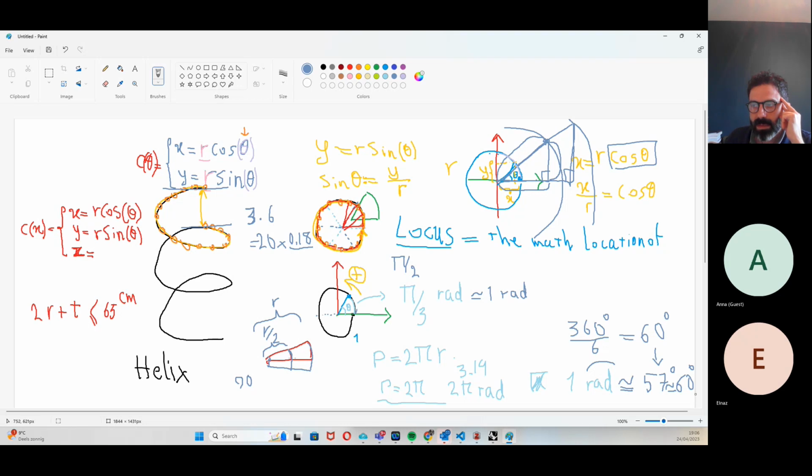So if this is 90 centimeters, then we will have a very smooth and acceptable range of angles.